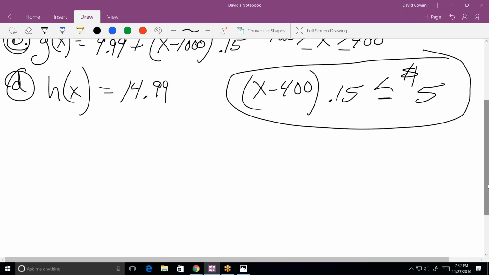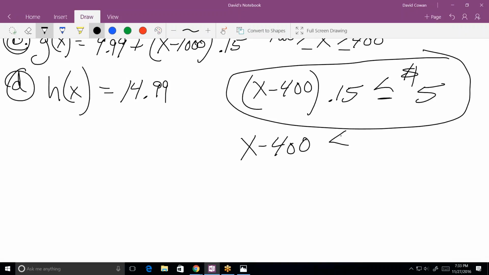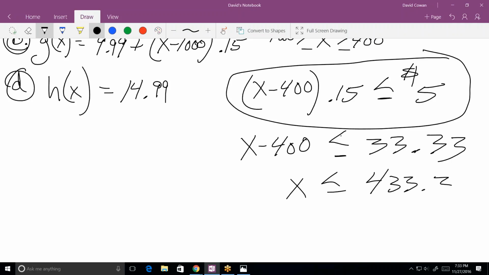I don't know why I can't divide before distributing. So I get x minus 400 is less than or equal to 5 divided by 0.15, which means x has to be less than or equal to 433.33.